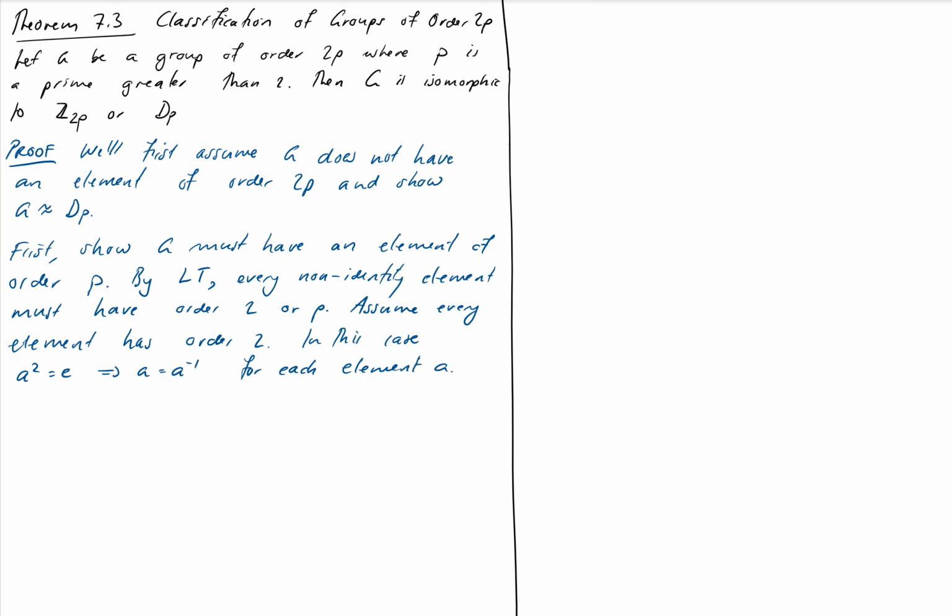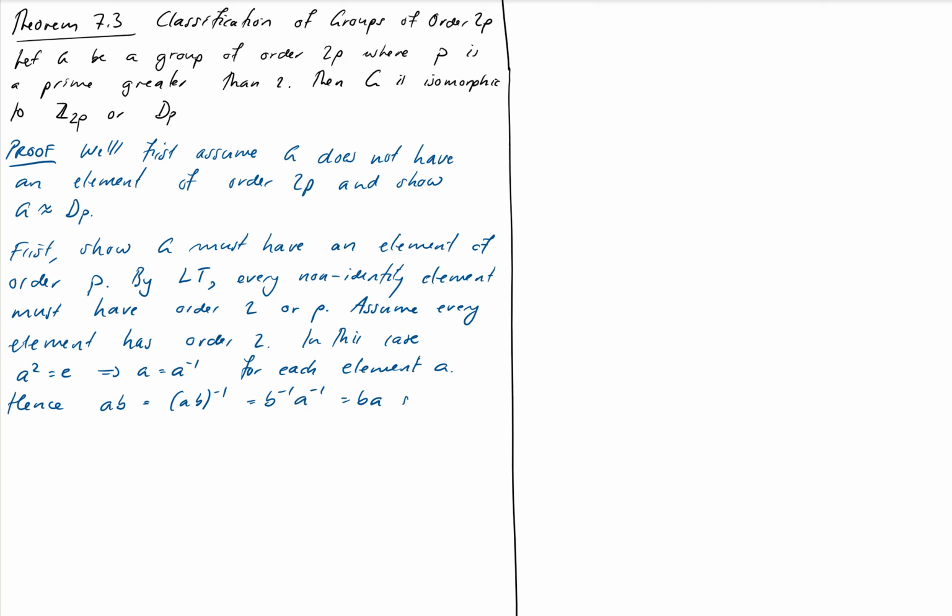Okay, so far so good. That's got to be true for every element a, and hence, what else can we show with this? AB must be equal to its own inverse, since every element is its own inverse if every element is order 2. So AB equals B inverse A inverse, which in turn equals BA, again because every element is its own inverse.